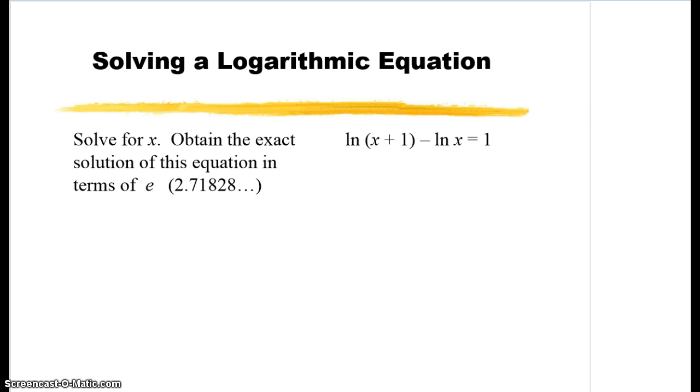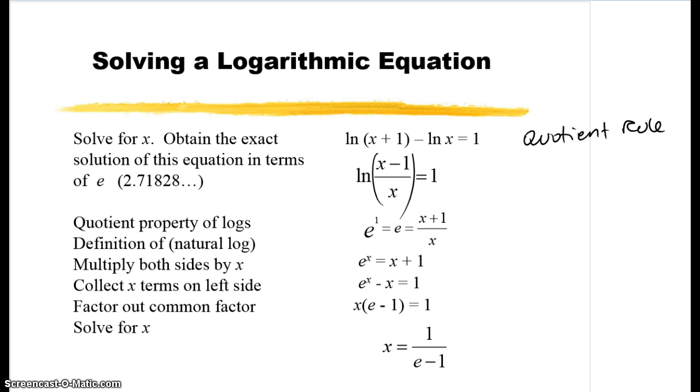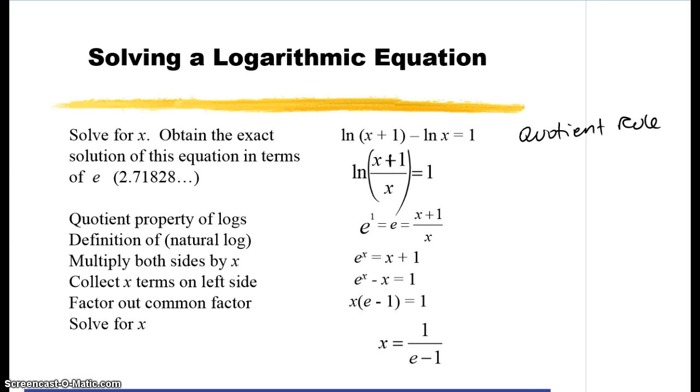Okay, let's do one more example here of solving an equation. It says solve for x, obtain the exact solution of this equation in terms of e, and the equation is ln of x plus 1 minus ln of x equals 1. So here's the solution. Notice this should be x plus 1 here, right, because we had x plus 1. So we get ln of x plus 1 over x is equal to 1.